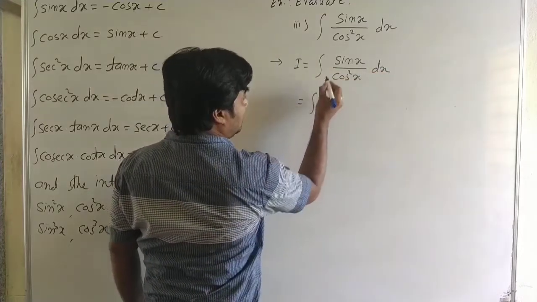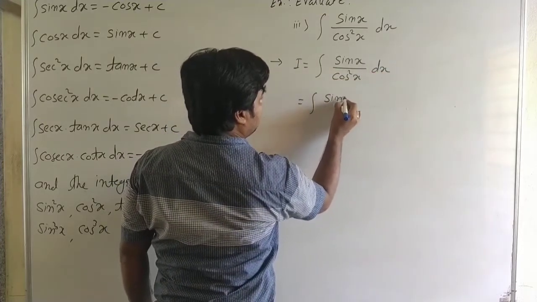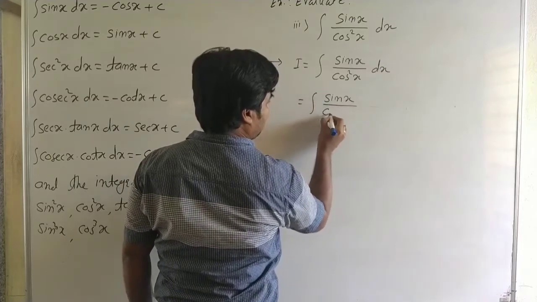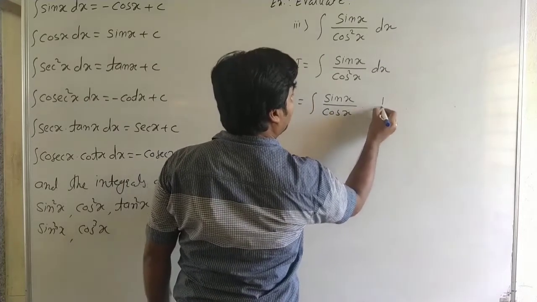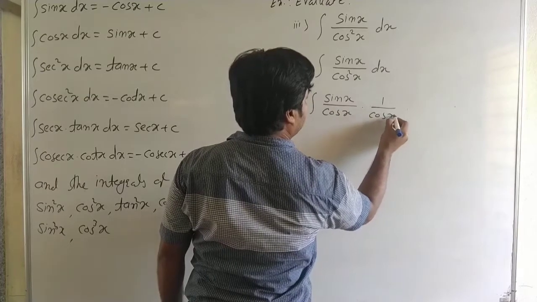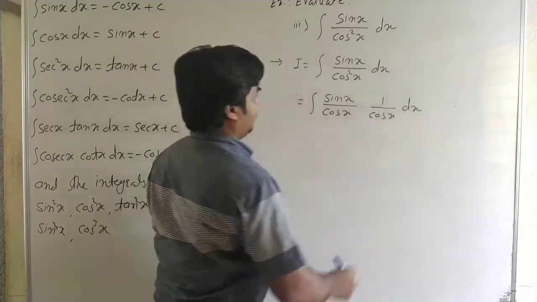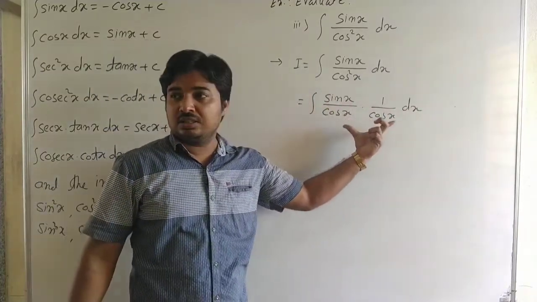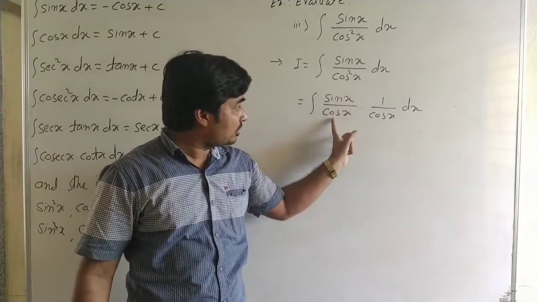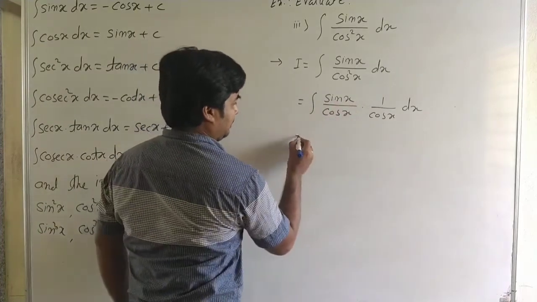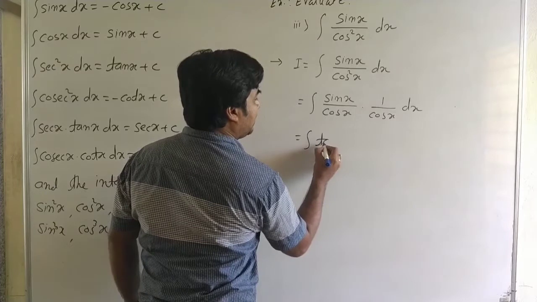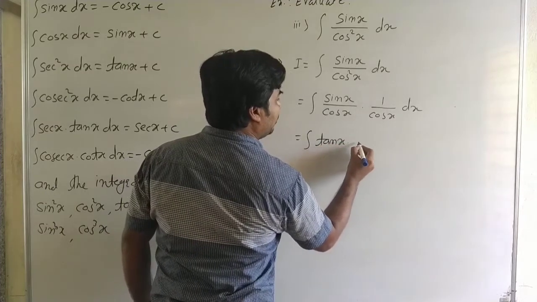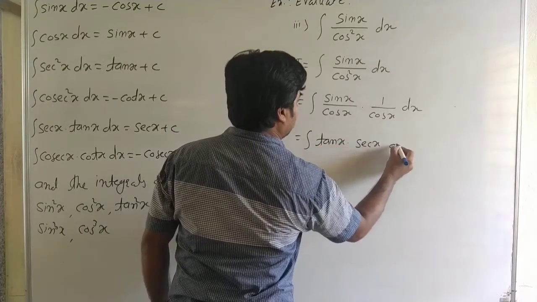This can be written as sin x upon cos x times 1 by cos x dx. See carefully, cos square x can be written as cos x times cos x, so this is tan x into sec x dx.